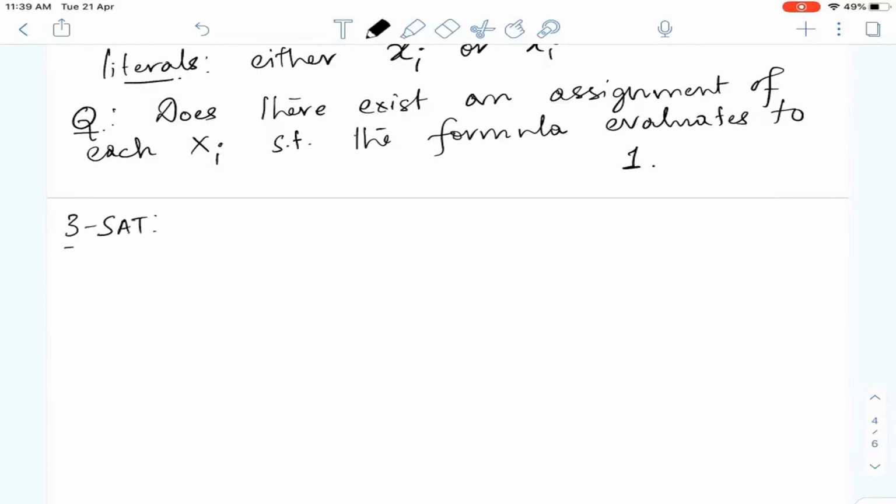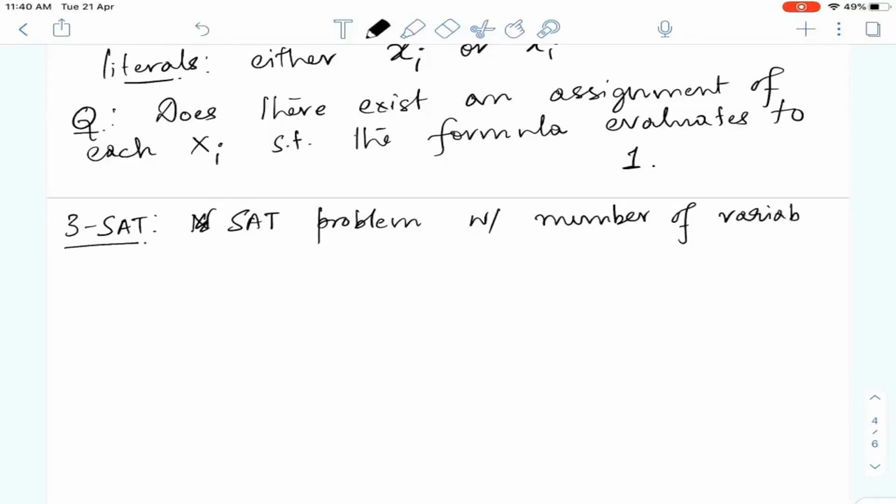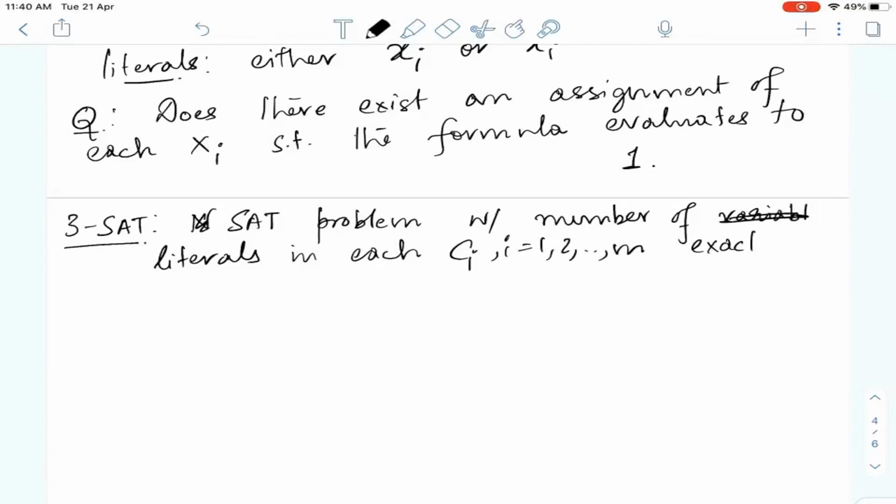The 3-SAT problem says that in the SAT problem, the number of literals in each Ci, i equals 1 to m, is exactly 3.